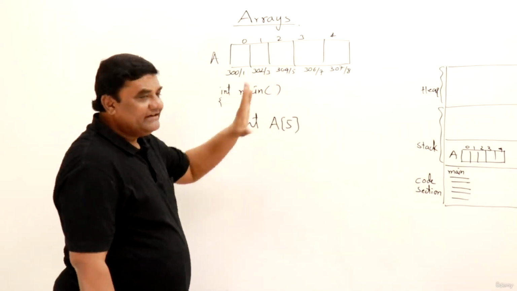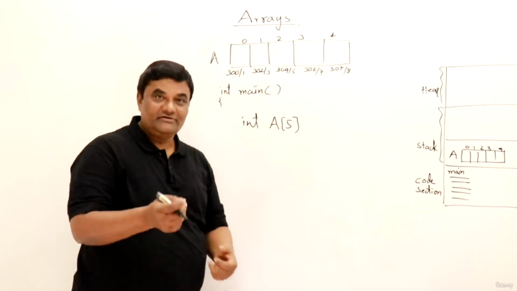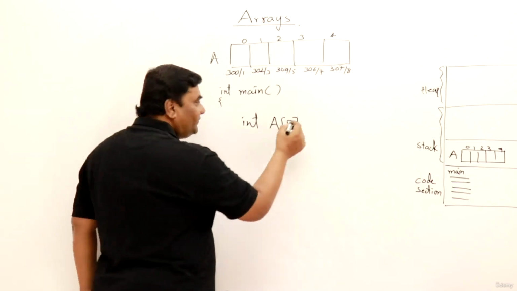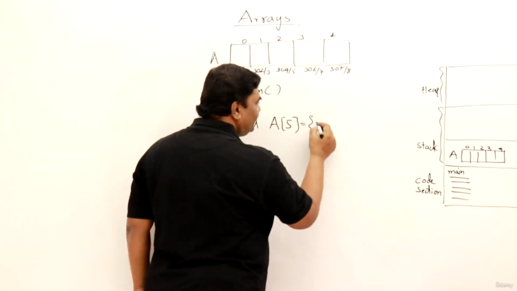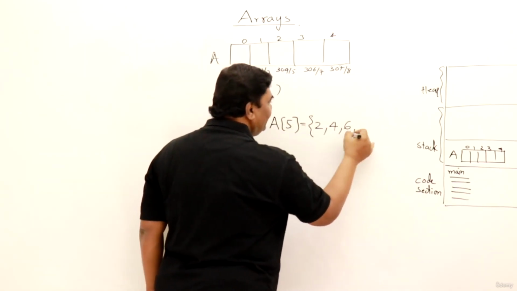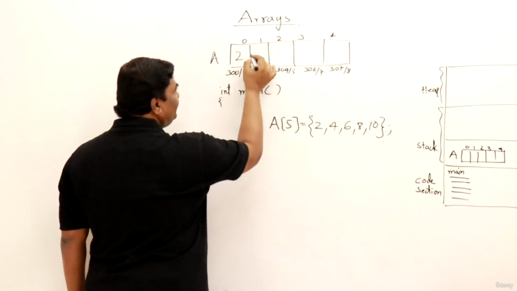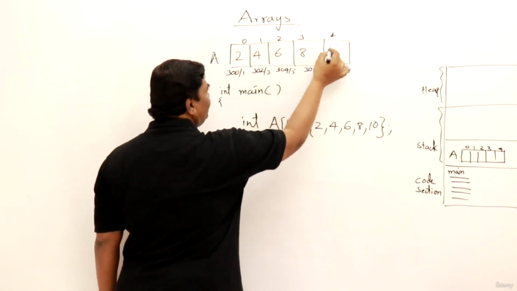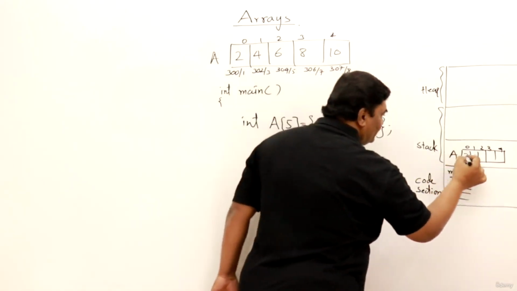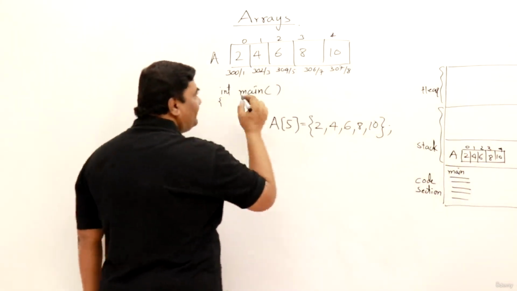So now the array is created. I want to initialize it also. So let us see how to initialize this. I want to initialize with the values 2, 4, 6, 8 and 10. So this will be created and the values will be filled here: 2, 4, 6, 8 and 10. Right? So here also I will draw it. Now the important thing.